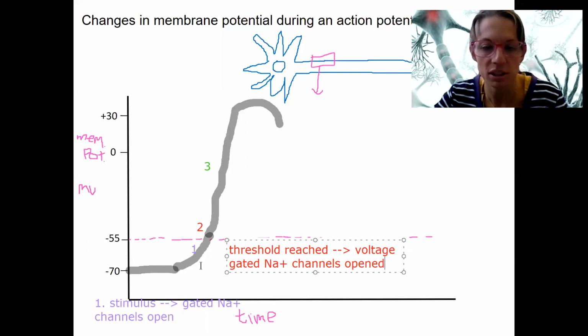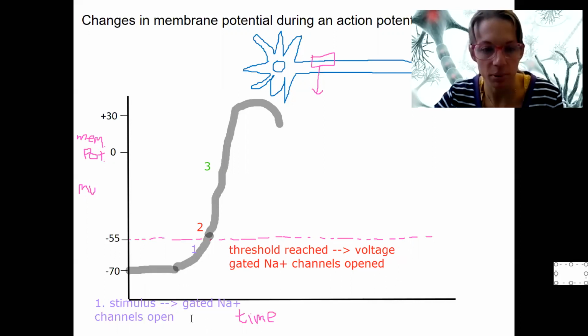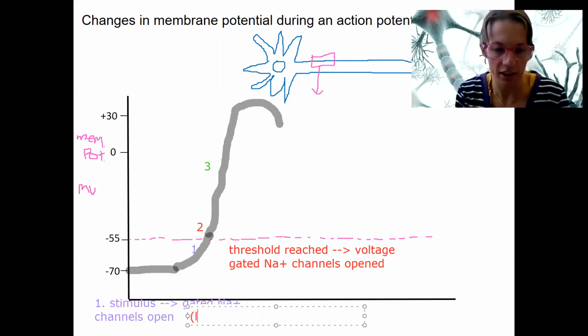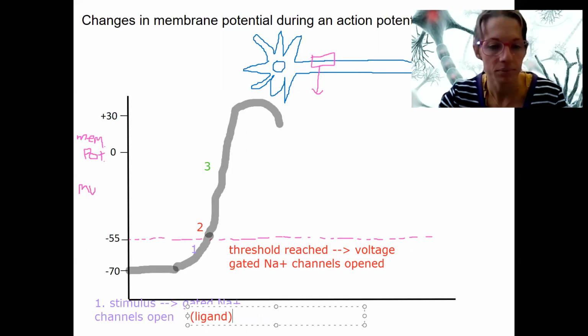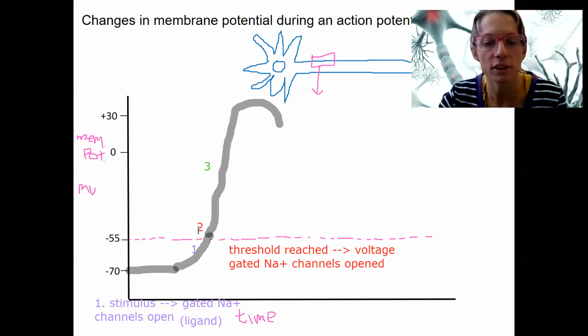Initial stimulus is due to gated ion channels. What is that initial stimulus? Typically, a ligand is the initial stimulus. Once we reach threshold, it's going to be voltage gated ion channels, still sodium. So we still have sodium rushing in. That's why we're having further depolarization.